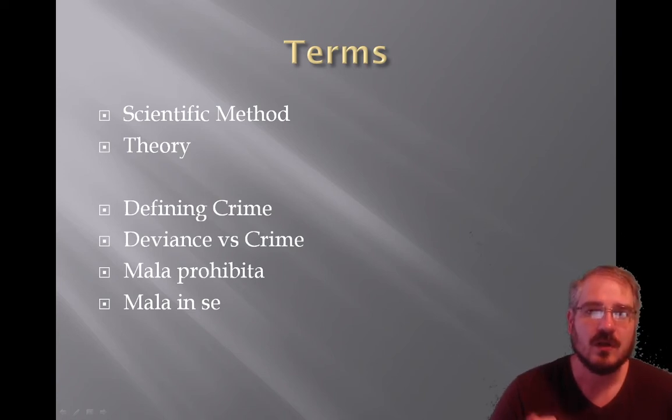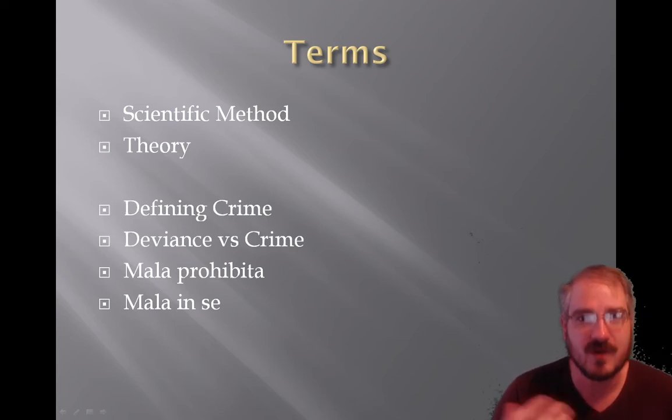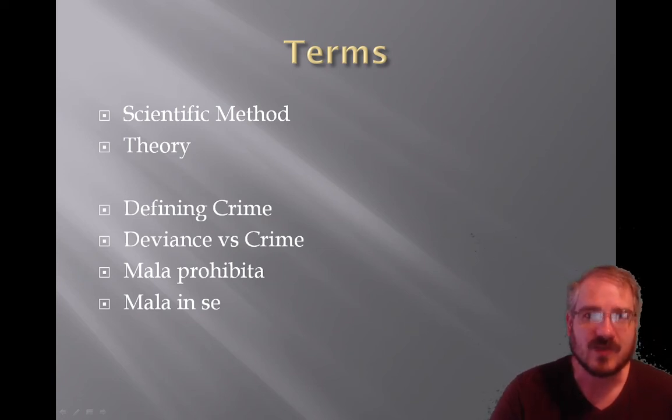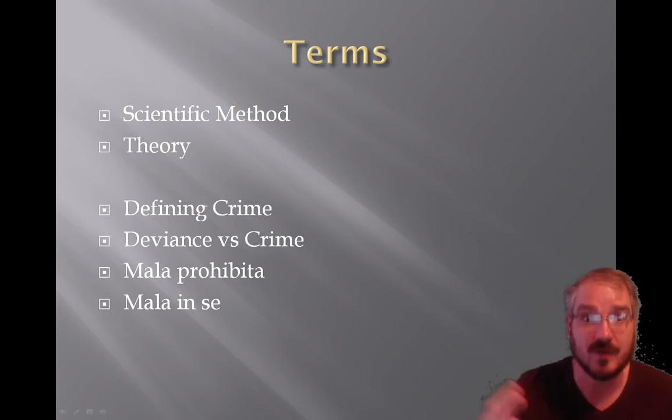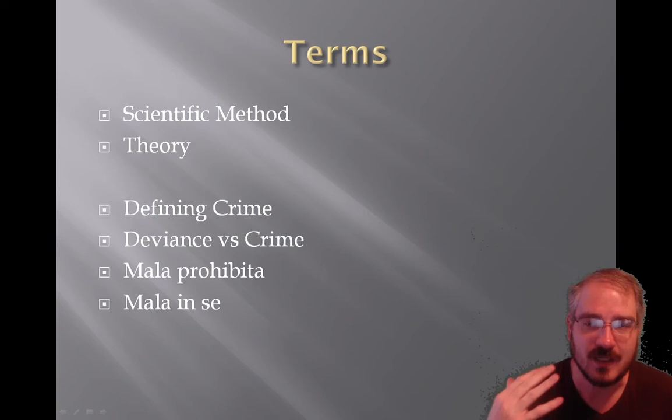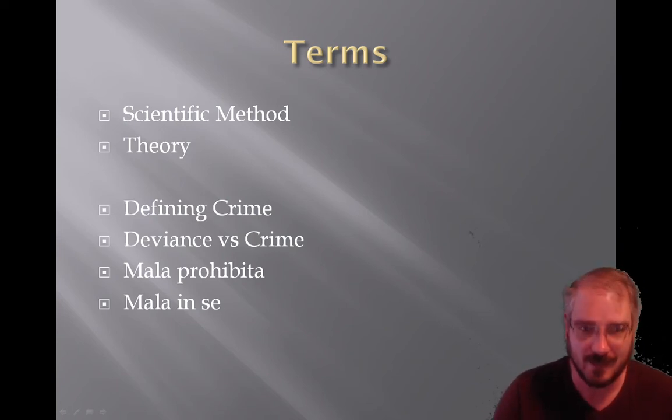So, in criminology, we are working towards developing a theory, i.e. an explanation for an event, in this case crime, that we can support with evidence, and reach that pinnacle of having an actual criminological theory that is accepted by the scientific community, okay?